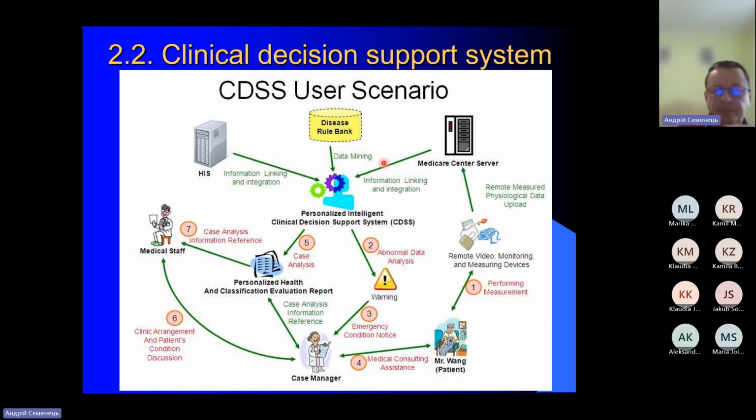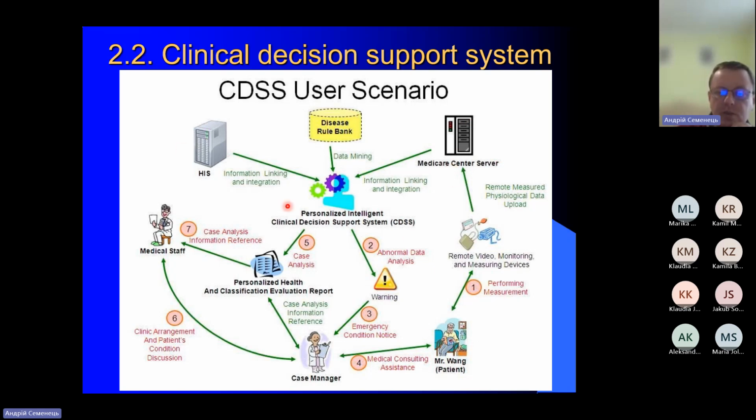And here is, we talk about this point, at the starting point, performing some kind of measures from the patient, which are aggregated into some storage, which, for example, belongs to the organization with which the patient has some agreement about providing medical services.